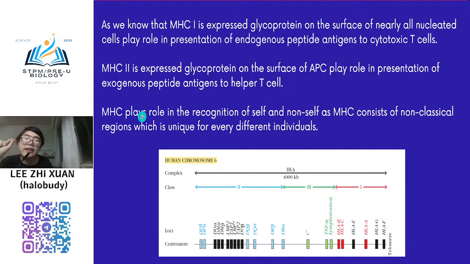When they are different, your immune cells will detect this organ as non-self. So it will attack that organ, because the immune cell recognizes that this organ does not contain the MHC class 1 that your self originally has.